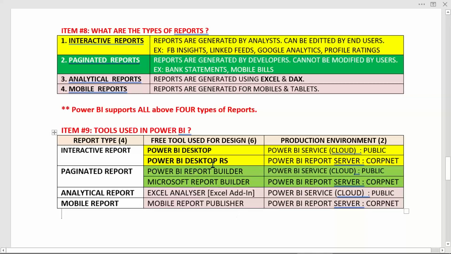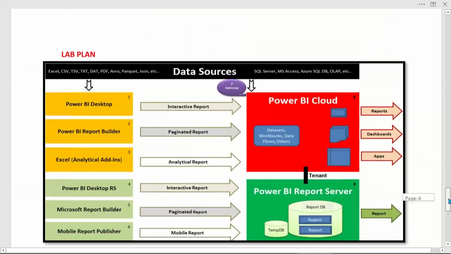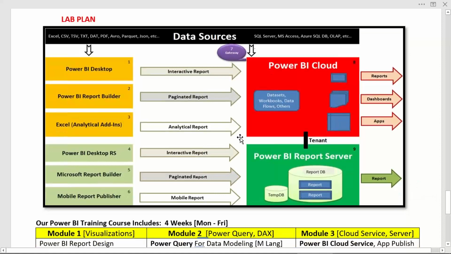Part of our course, we need to have 6 design tools and 4 report types, 2 hosting environments: cloud, takeaway, report server, dine-in. Here it is. This is our actual lab plan. 6 design tools.